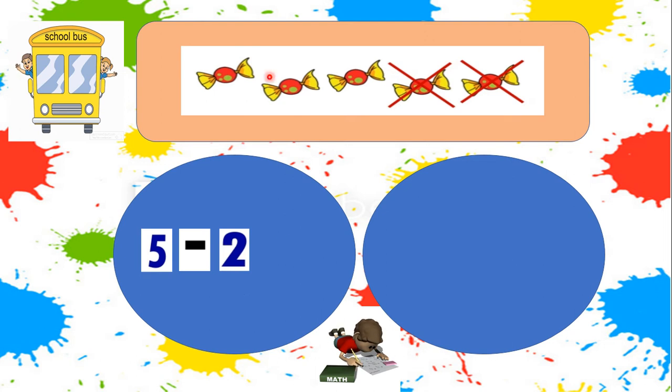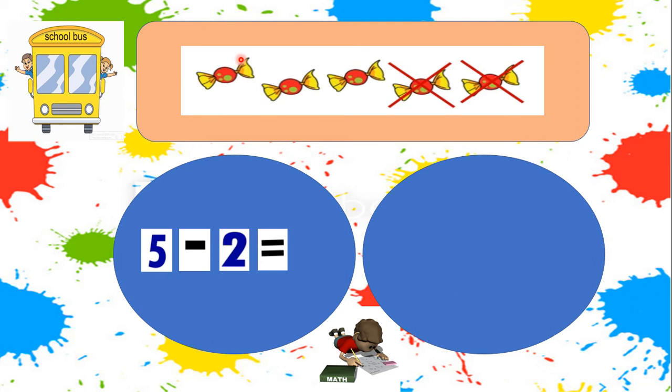These are the number of candies we take away. So we have 1, 2. There are 2 X's. So we have here 5 minus 2 equals how many candies are left?